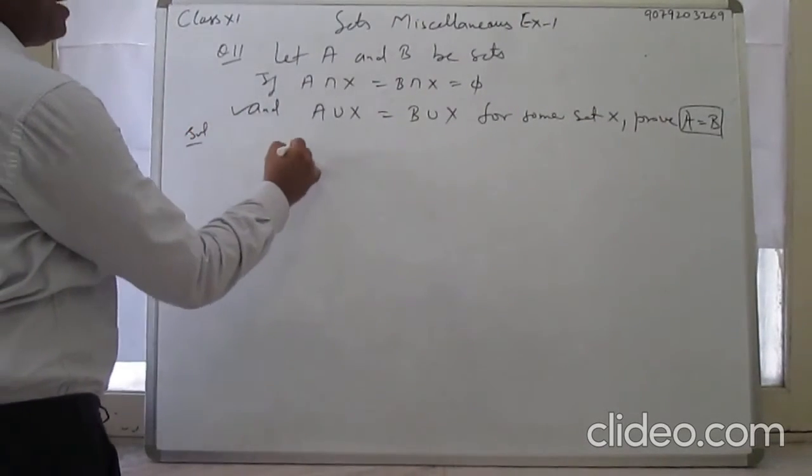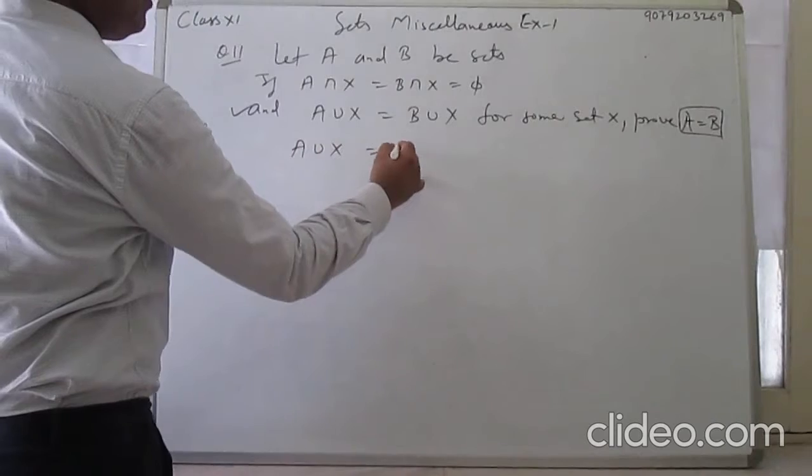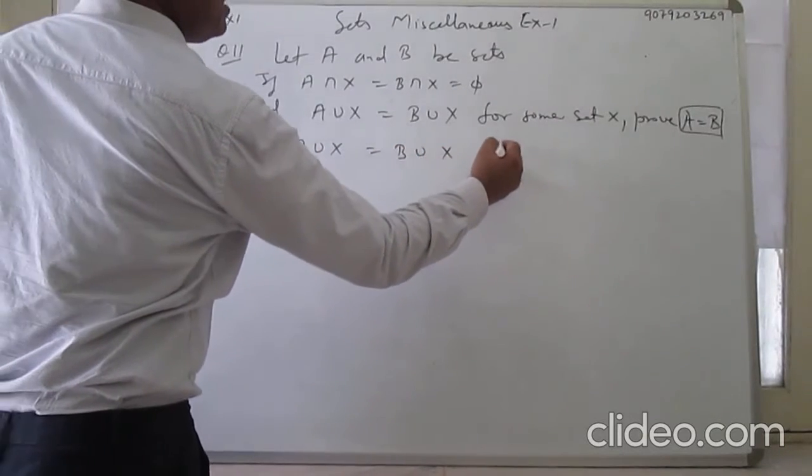Solution: I take A union X is equal to B union X. This is given.